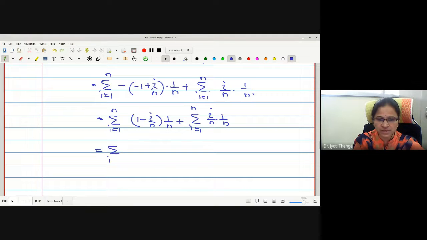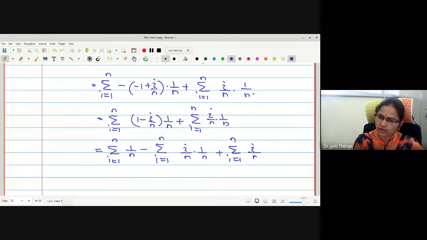Therefore, what is my first sum? Summation i equals 1 to n, 1 by n multiplying by 1 by n, to the bracket, summation i equals 1 to n. This is i by n into 1 by n added with the same.